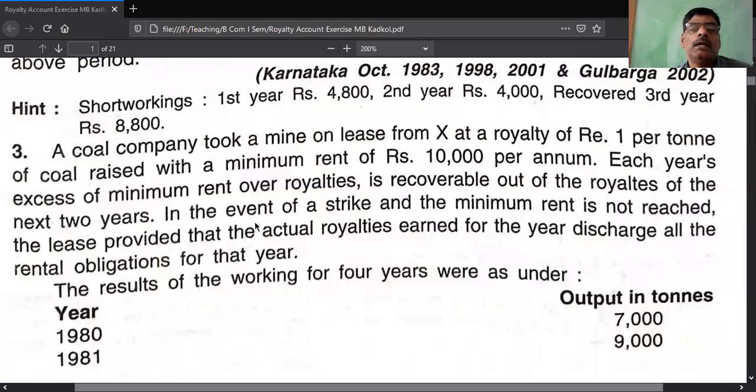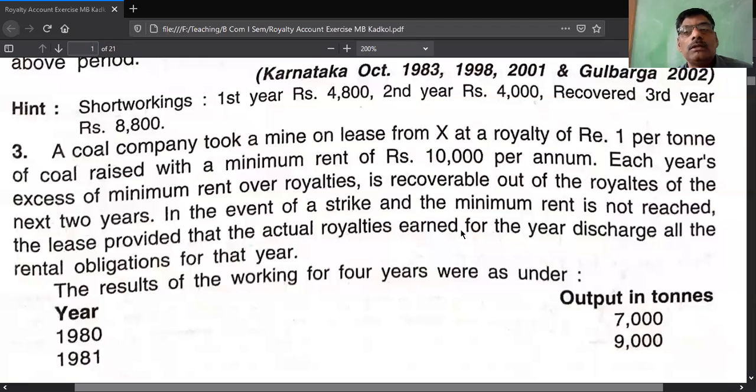Third point. In the event of strike, minimum rent is not to be reached. The actual royalty earned for that year discharges all the rental obligation. Means, in the year of strike, the minimum rent is not considered.